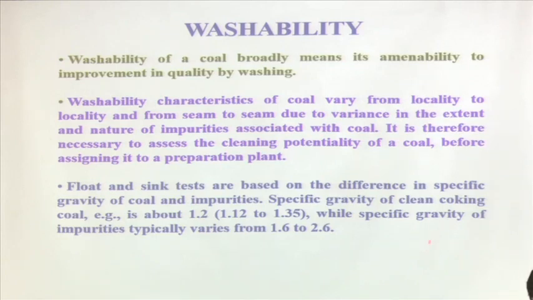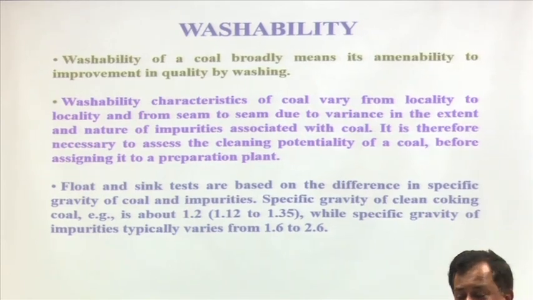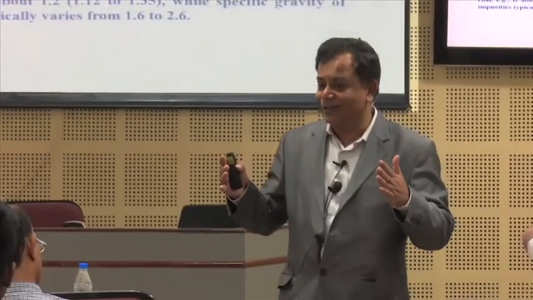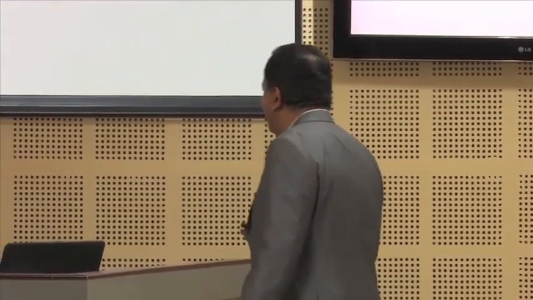And the specific gravity of impurities typically varies from 1.6 to 2.6. So, the good thing about coal, the formation is such that I can specify two boundary conditions, which is not possible for minerals in most cases. Okay. I know that the specific gravity varies from 1.2 to 2.6.